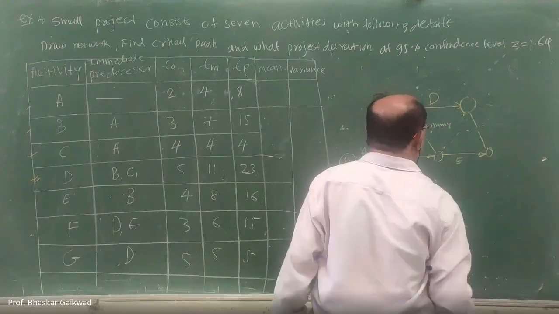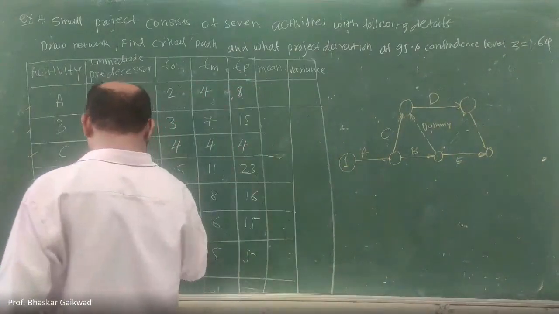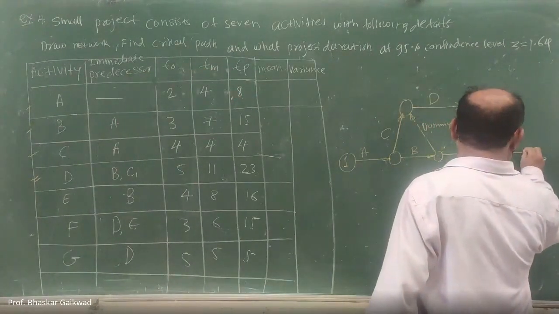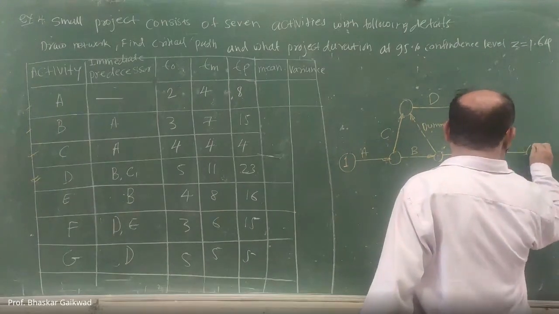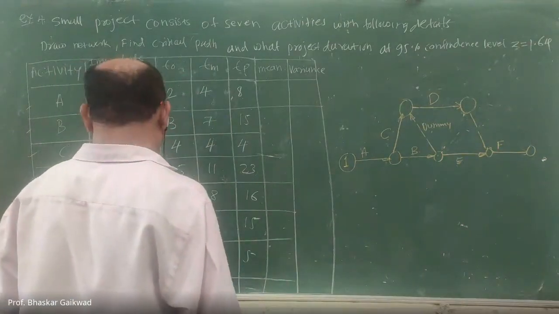So this is E, so that D and E are equal. D and E will be equal, and from here F will start. F will start, and G will start from D.